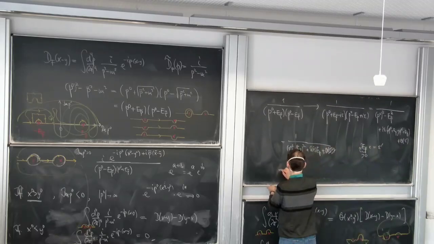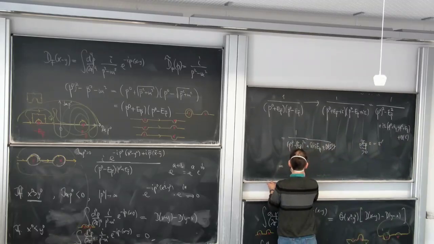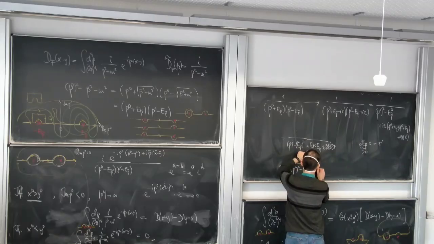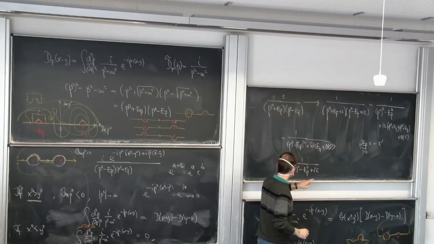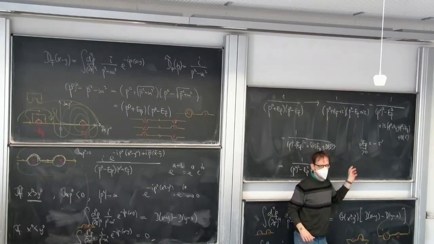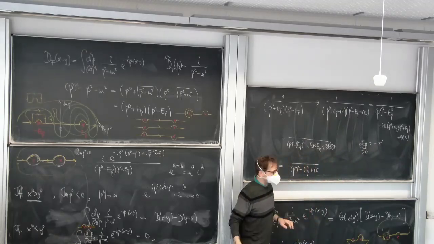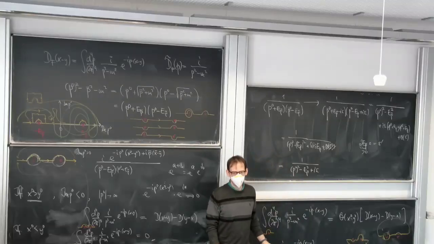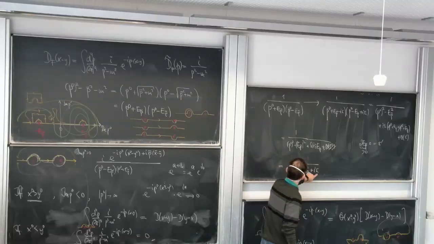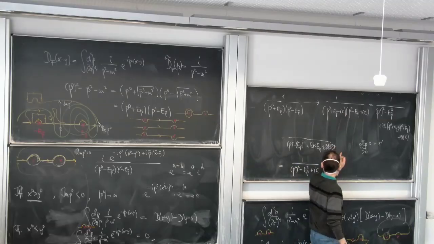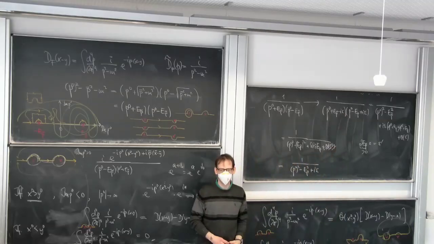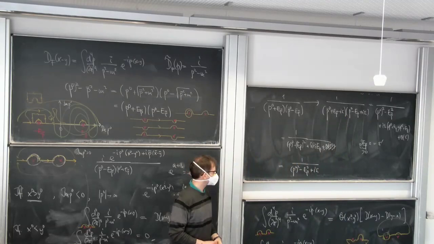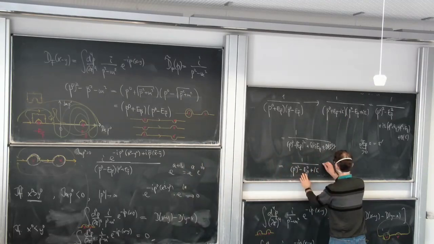So just as good is to have P0 squared minus EP vector squared plus i epsilon. I should call this epsilon prime. This epsilon is not that epsilon, but it's as good an epsilon. But this one, P0 squared minus EP squared, is the same as p squared minus m squared.